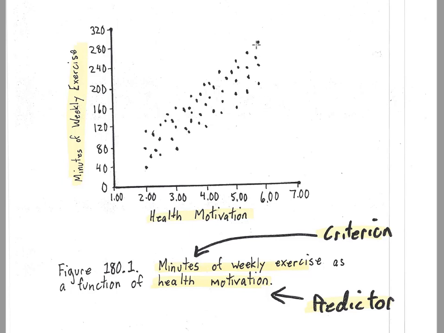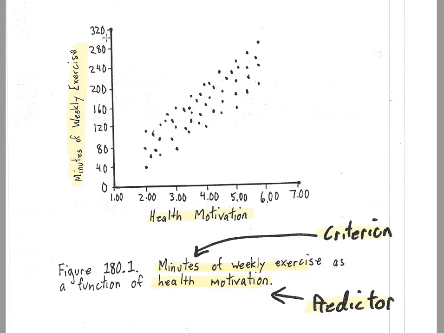This dot is directly above a score of like 6.0 on health motivation. So this dot represents a person who scores high on health motivation. By the same token, if you were to draw an imaginary line to the left, we would see that this dot represents a person who also scores high on minutes of weekly exercise. This person apparently gets somewhere in the ballpark of 300 minutes of exercise per week.